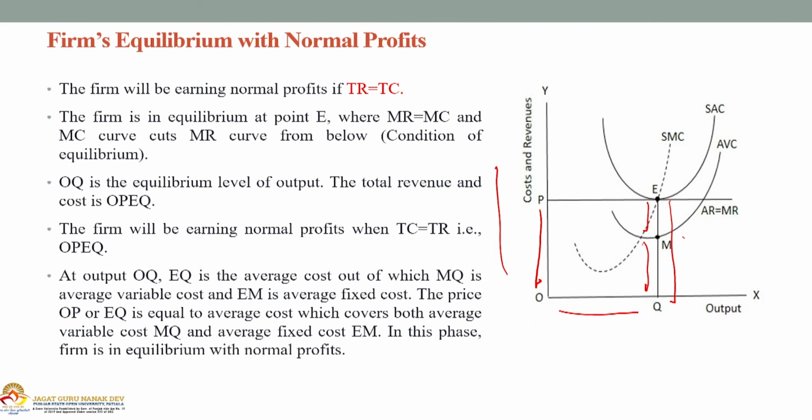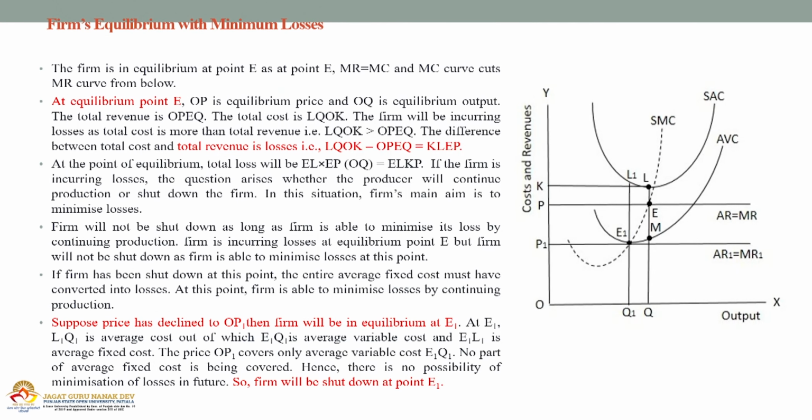So in this phase, the firm is in equilibrium with normal profits. Clear? So coming to the next slide, that is firm's equilibrium with minimum losses.